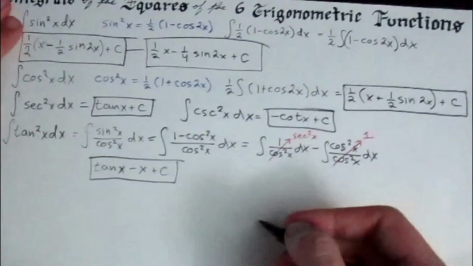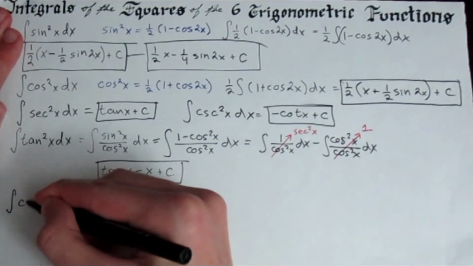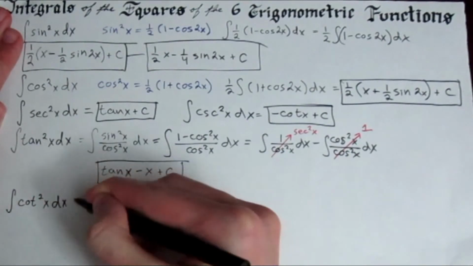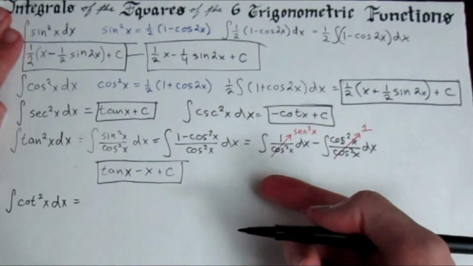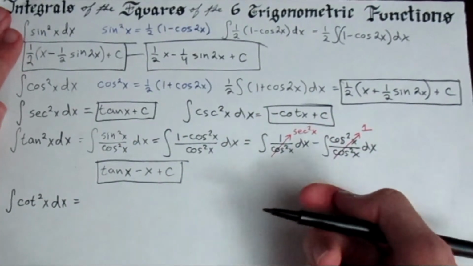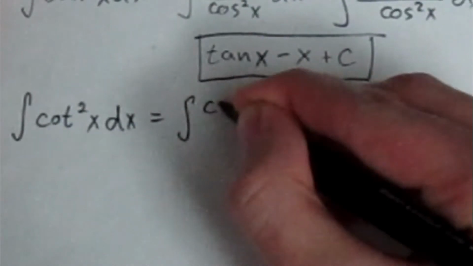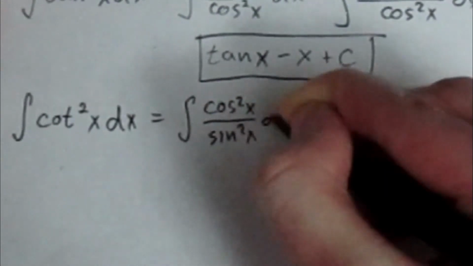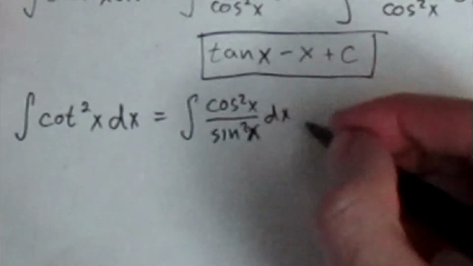And finally, let's do the integral of cotangent squared x dx. We're going to approach it the same exact way. What's cotangent of x? In trigonometry, that's cosine over sine. So we're going to have cosine squared x over sine squared x dx. It's almost like doing the inverse of what we did earlier.